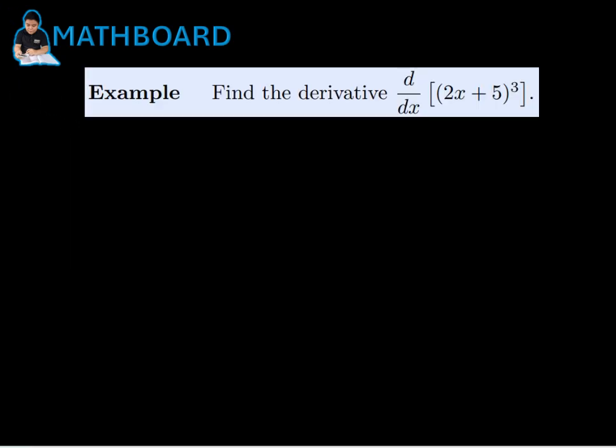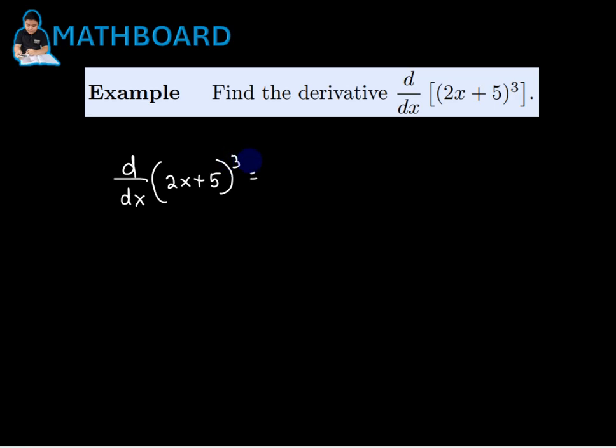Find the derivative of (2x plus 5) raised to 3. Okay, so this is simply the derivative of (2x plus 5) cubed.